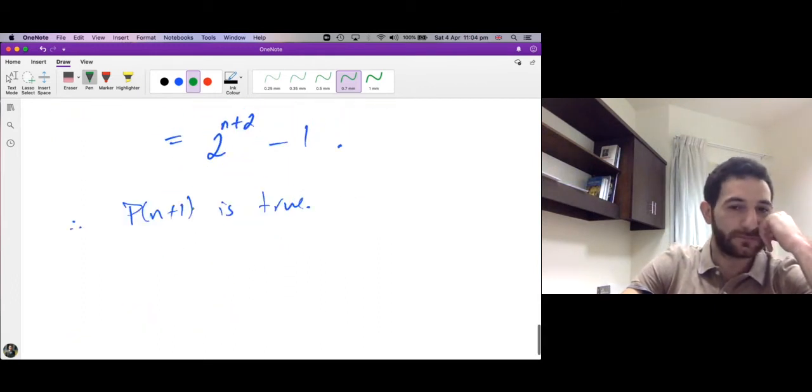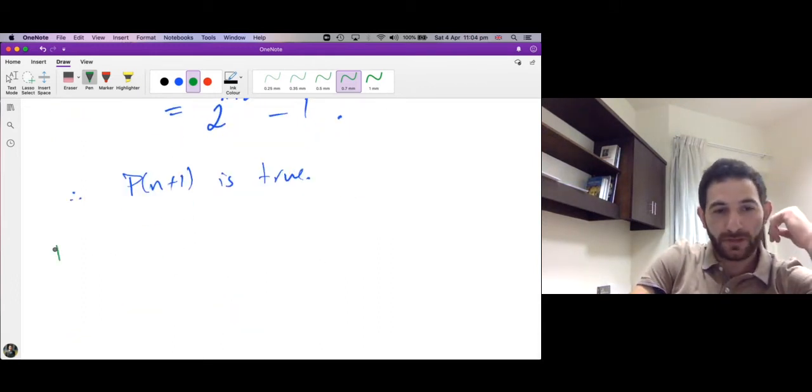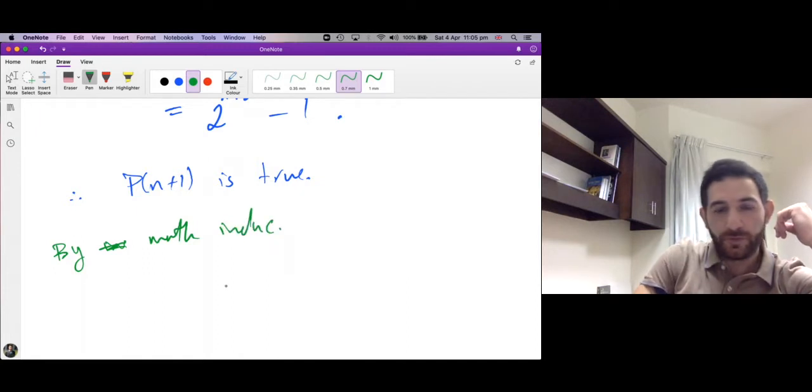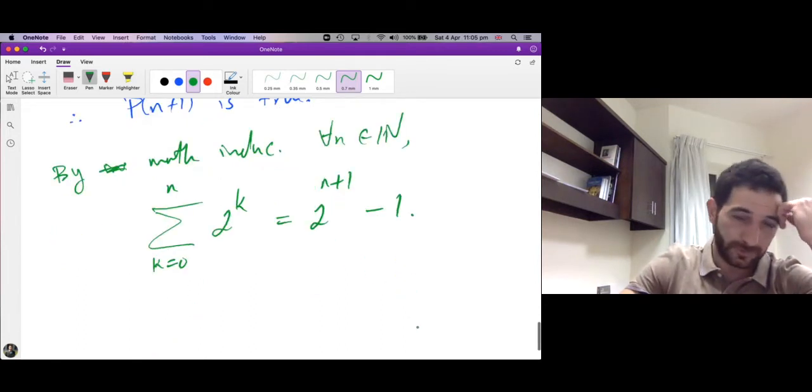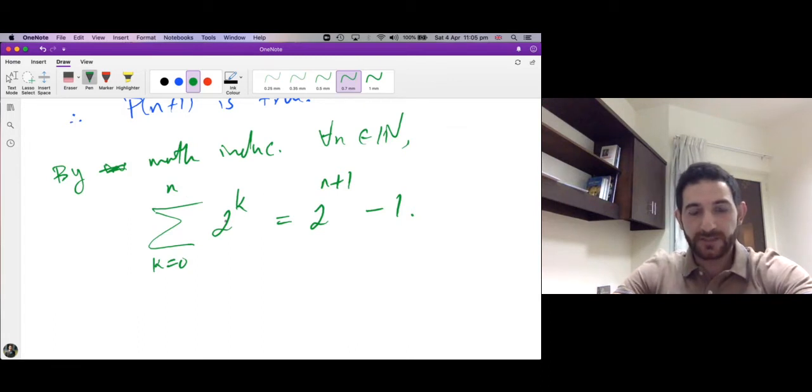So by mathematical induction we proved that for all n in the natural numbers the following is true: the summation of all the powers from k equals 0 up to n is 2 to the n plus 1 minus 1. So you choose any natural number, sum the powers of 2 from 0 to this number n, you will find out that the summation is equal to 2 to the n plus 1 power minus 1.